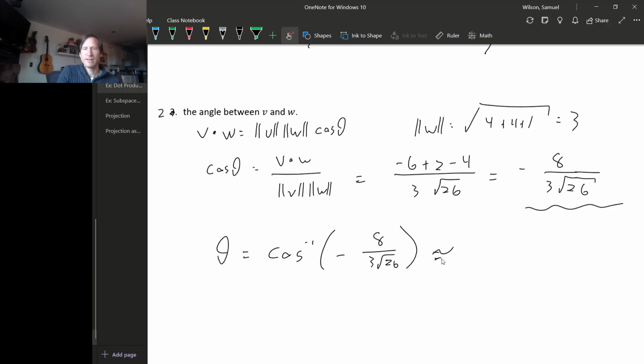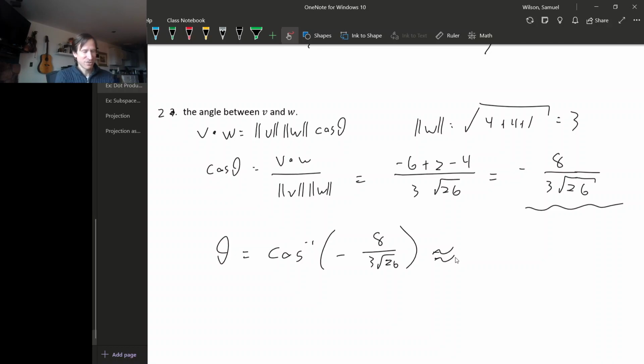And so let's get a decimal approximation. My calculator happens to be in degree mode, so we'll get our angle in degrees. So negative 8 divided by 3 times square root 26. Careful to get all my parentheses in the right places.